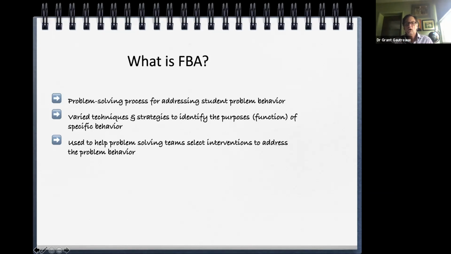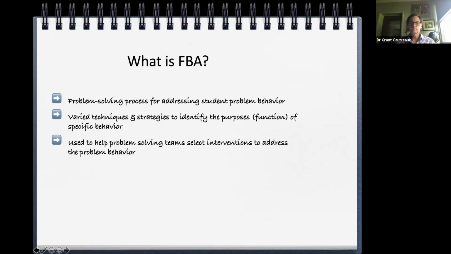Cause seems a lot more cemented. X caused Y, and then that's it. We're looking to determine what is maintaining behavior over time.